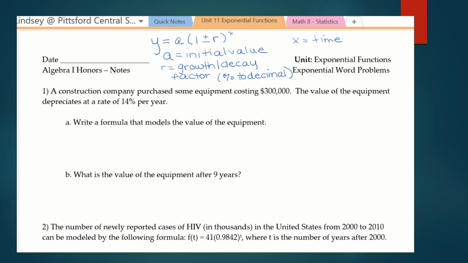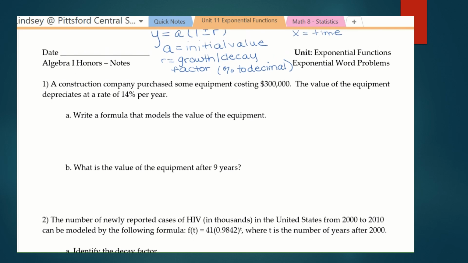Okay, let's get started. So a construction company purchased some equipment costing $300,000. The value of the equipment depreciates at a rate of 14% per year. So what this problem is saying is the equipment that the construction company bought over time ends up going down in value.